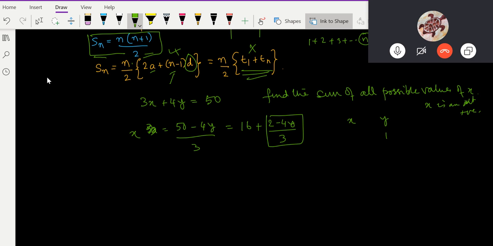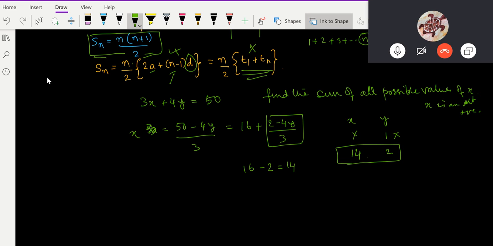If it is 1, it becomes 2 minus 4 by 3, so x is not becoming an integer. So next we put 2. So 2 minus 8 by 3, that means minus 6 by 3, which is minus 2. Then it will become 16 minus 2, which is 14. So this is all we need.